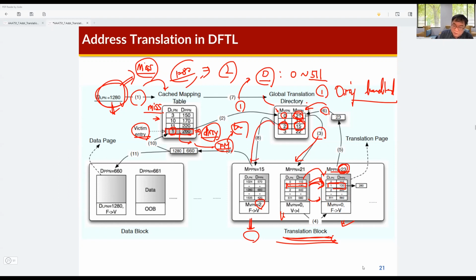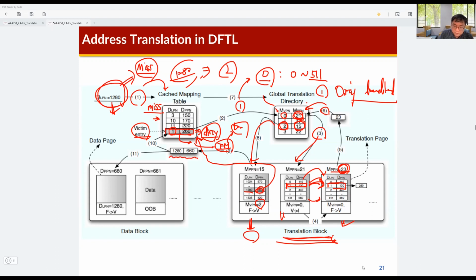So this translation table is accessed, and then you can get the physical page number here, and this information is updated to the cached mapping table. Okay, so this is the missed request. Then this missed information is updated to the cached mapping table.